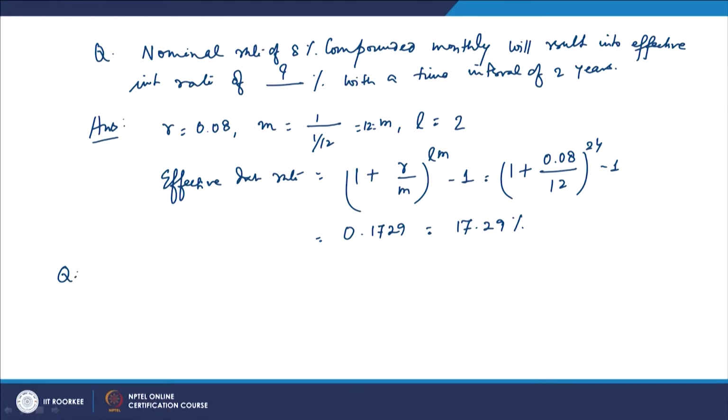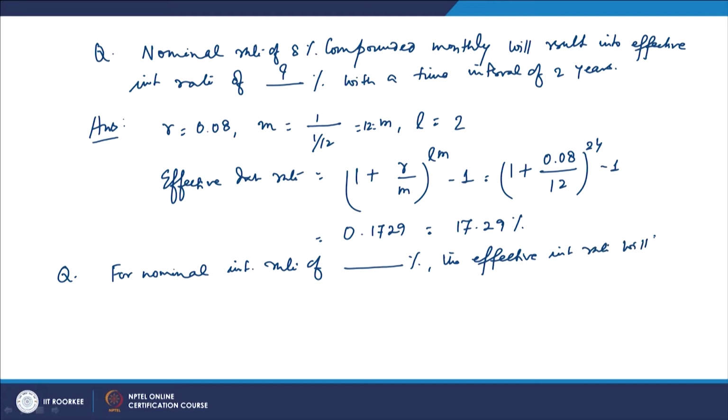Then we can have another type of question. In this case, we have to find the nominal interest rate for which the effective interest rate will be 12% when compounding is continuous.